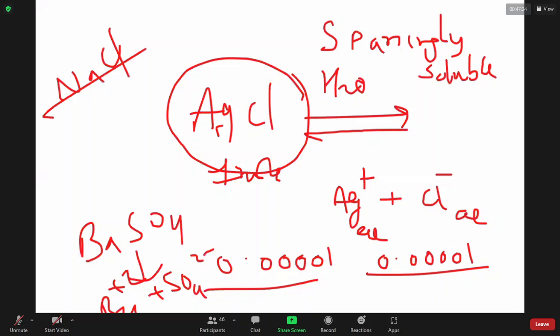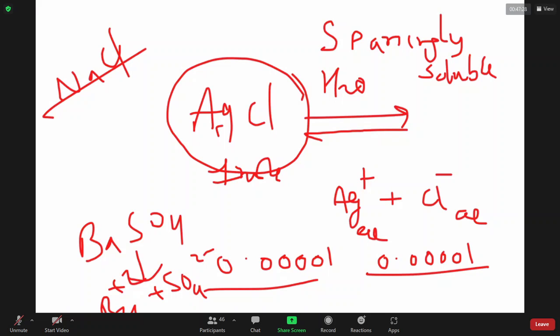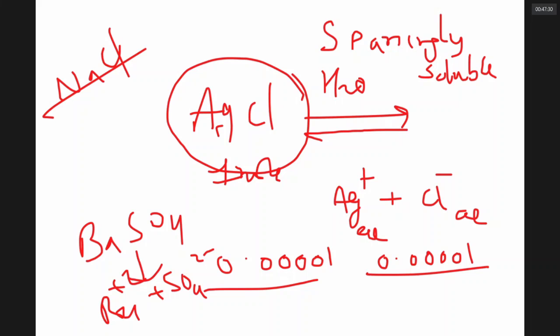Because its solubility is very, very less. The salts whose solubilities are very, very less are called sparingly soluble salts. For a sparingly soluble salt, I look at the concentration of the produced ions at equilibrium.